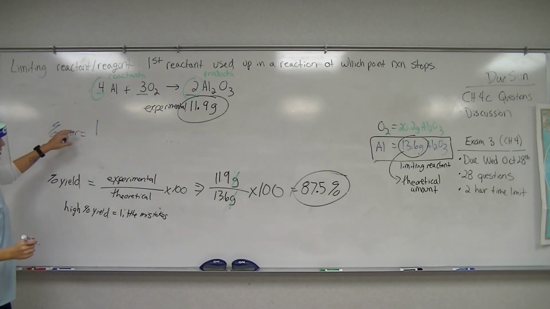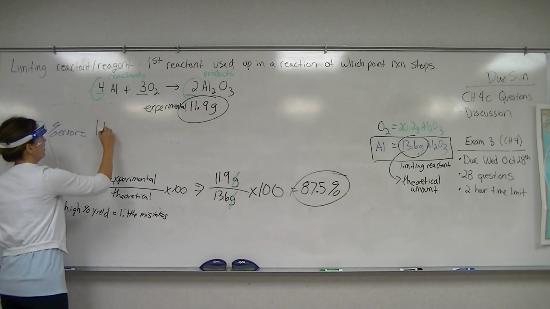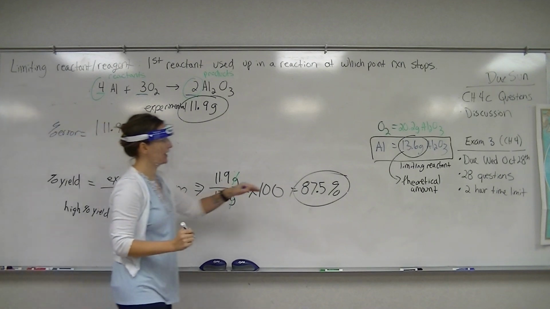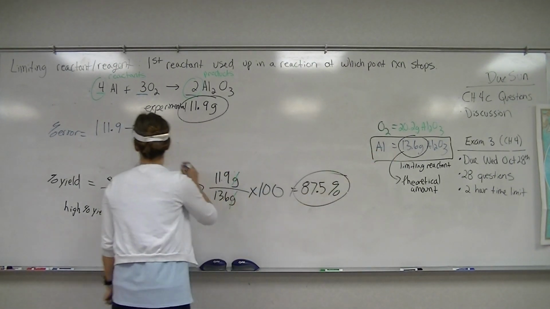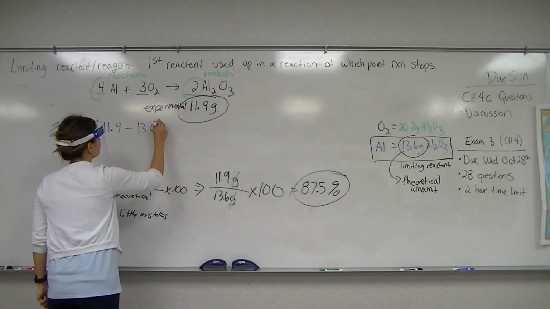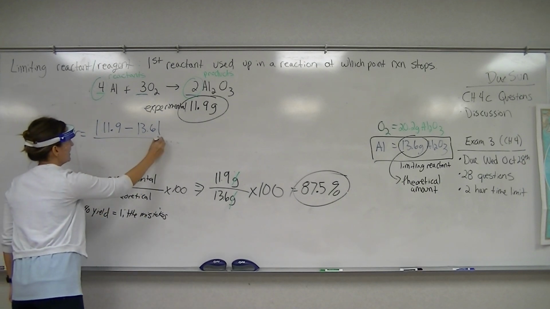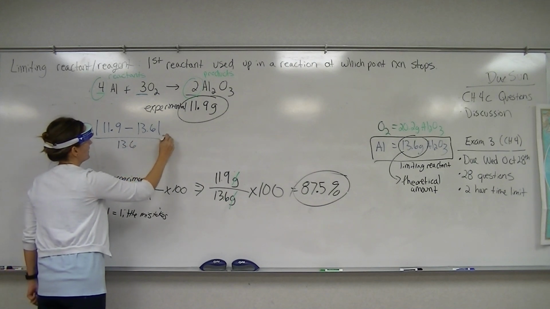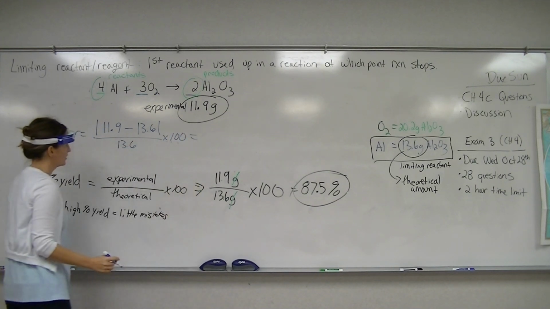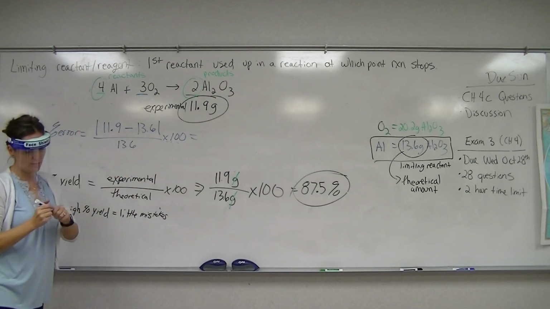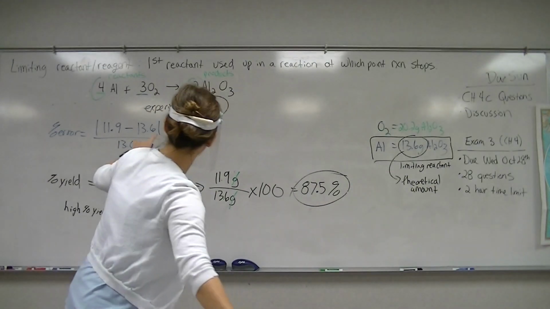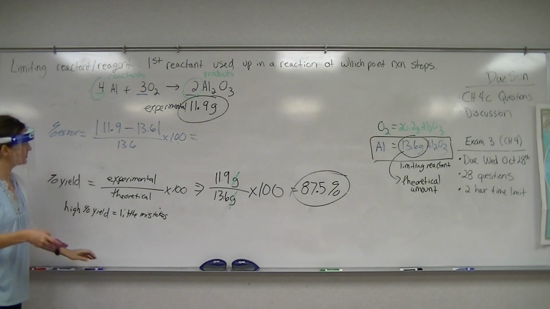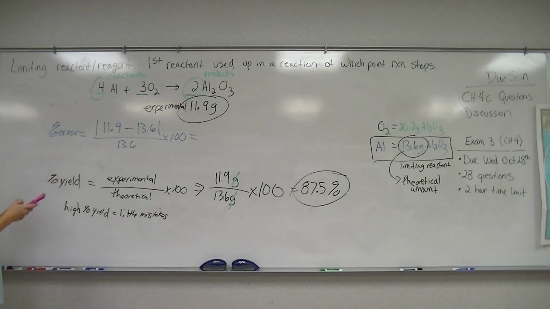So for percent error, it was experimental, 11.9, minus the theoretical, being that 13.6, and then dividing it by the theoretical, and then multiplying by 100. Now remember, this has absolute value bars on it, because when I do this subtraction, it is going to be negative. But because of the absolute value signs, I just change that negative to a positive.